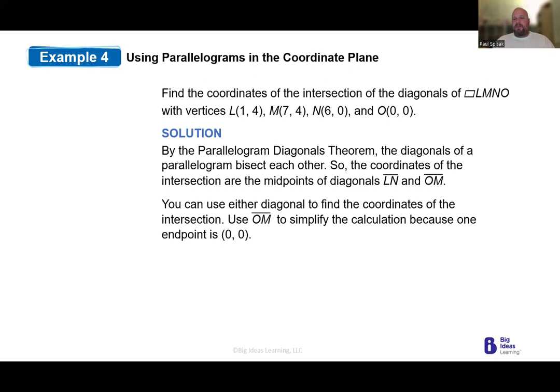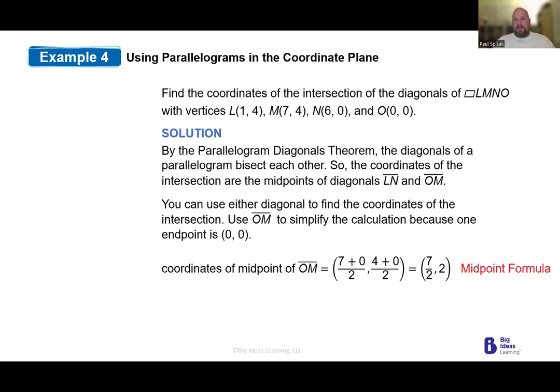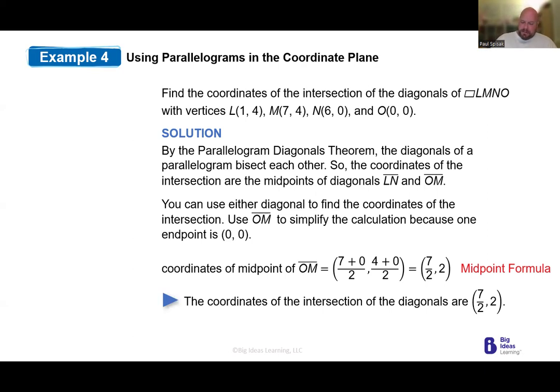Now, it does not matter which set of points you use. You have two different diagonals. You can either do the diagonal that's going to connect M to O, or the diagonal connecting L and N. Either set would work, but we're going to use the midpoint formula. So here they chose to use O and M. Now, the one thing the book doesn't do in this example, they don't draw the picture, which you technically don't have to, but I would highly recommend drawing it, even if you're just sketching it, just so it's easy to see which points you're using.